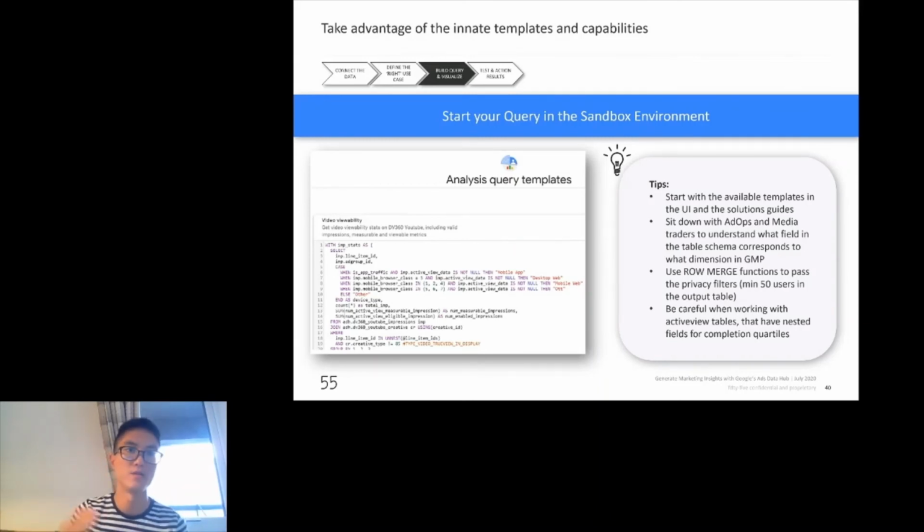And another privacy check it does is around historical query checks. So this is to prevent you querying the same data set and time frame over and over again. And again, this is to avoid any exploitation in terms of trying to extract user level IDs or get outputs at a more granular level than ADH will allow.